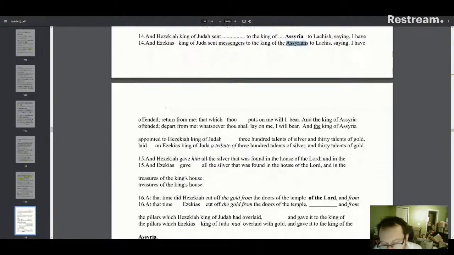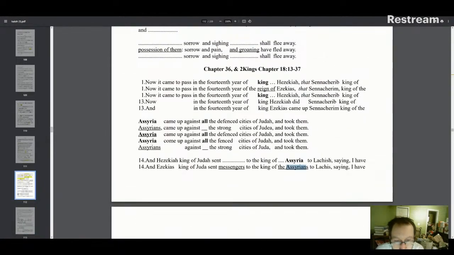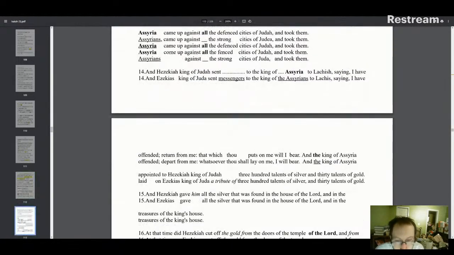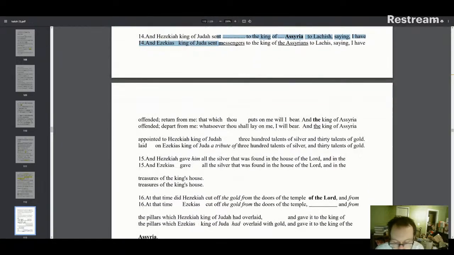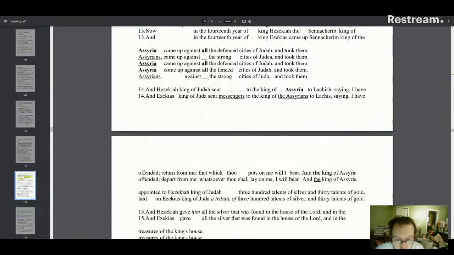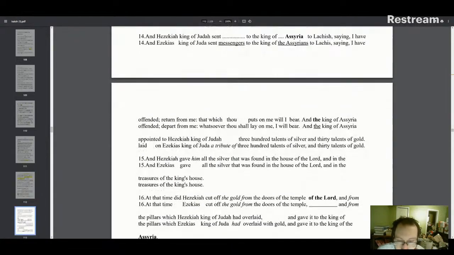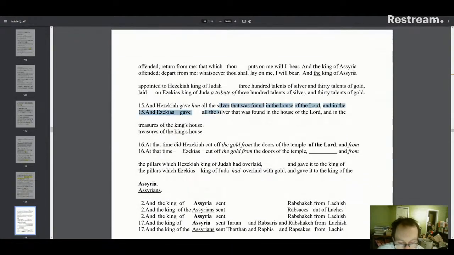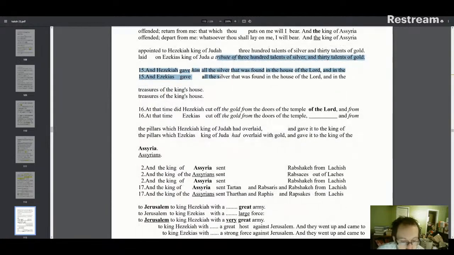And there are a few places where Isaiah preserves something that 2 Kings doesn't, and sometimes 2 Kings preserves something that Isaiah doesn't. So in these couple verses, it is only in 2 Kings. Let's see here. Not too many variants between the Septuagint and the Hebrew of 2 Kings. We do have "the temple" versus "the temple of the Lord." The shorter reading of the Septuagint is probably more original, "the temple."